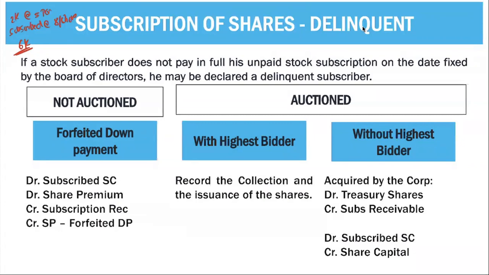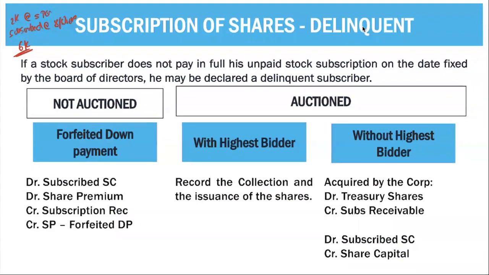So you debit the subscribed share capital at par. So 2,000 shares at 5 pesos par, 10,000. You debit the share premium initially. How much is the share premium initially? That is 8 pesos issuance less 5 pesos par multiplied by 2,000. So we have 6,000.